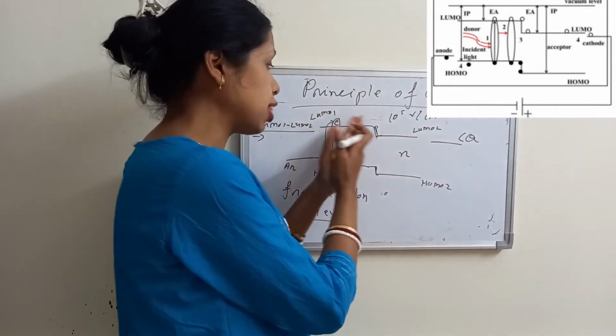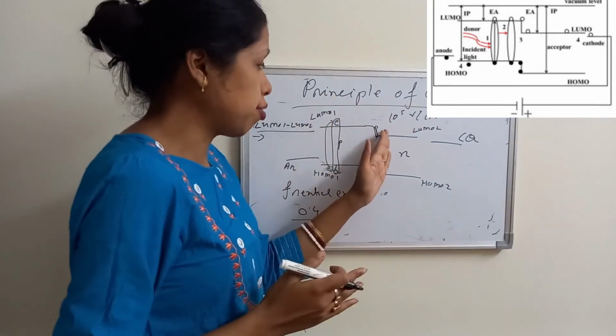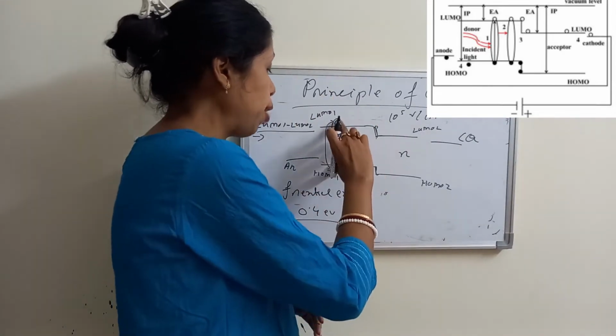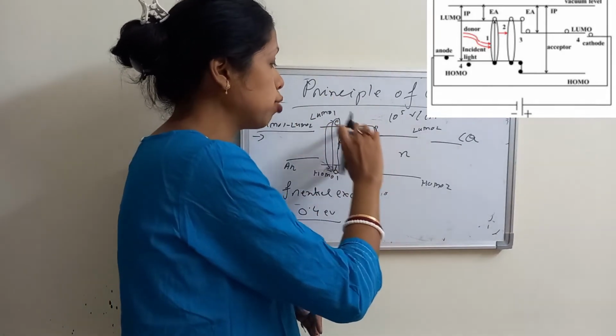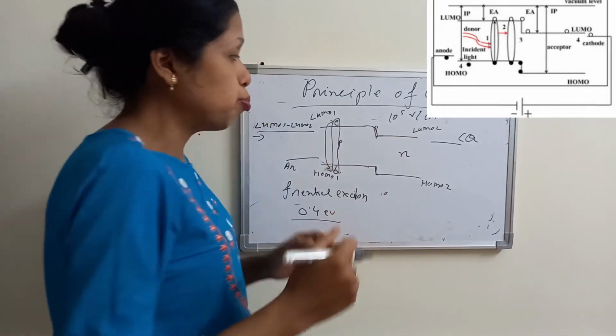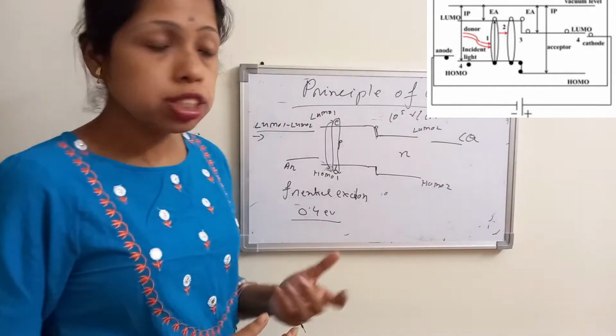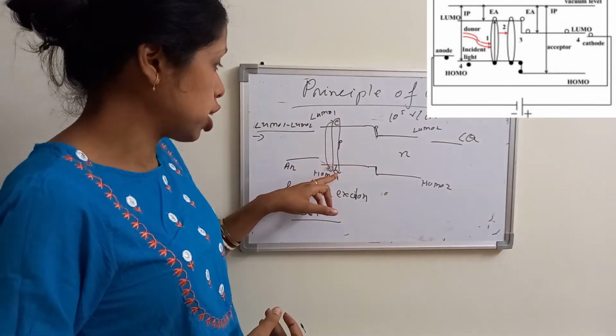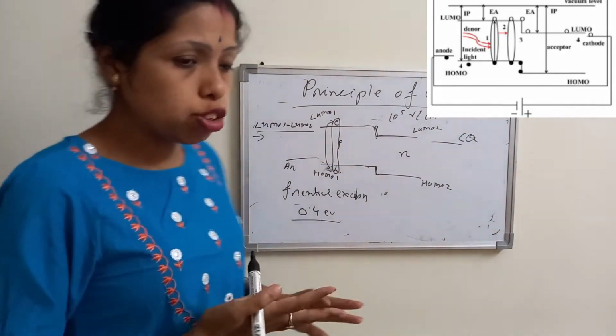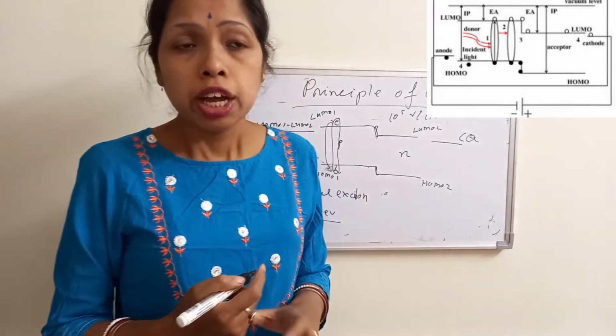For that, it has to diffuse to the interface, but the exciton has to diffuse to the interface within its lifetime. Every exciton has some lifetime, right?